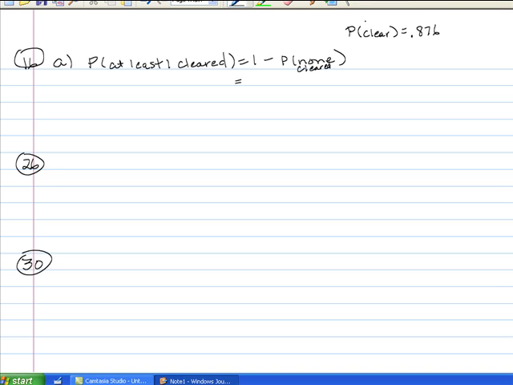Probability of clearing is the 0.124. So I said that incorrectly. So we have 5 cases. So we want to take 1 minus 0.876, and that is raised to the 5th power because there are 5 cases.